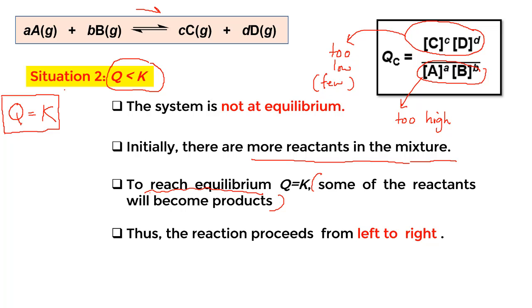Maksudnya sekarang, nilai concentration of produk yang bahagian atas ini perlu bertambah. Macam mana perlu bertambah? Maksudnya perlu hasilkan lagi banyak produk. Jadi sebab itulah reaction proceed to the right. Maksudnya reaction akan produce more product until the reaction reach the equilibrium. So itu case yang kedua.